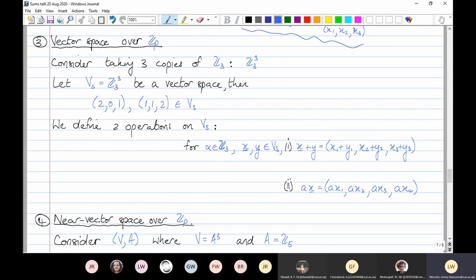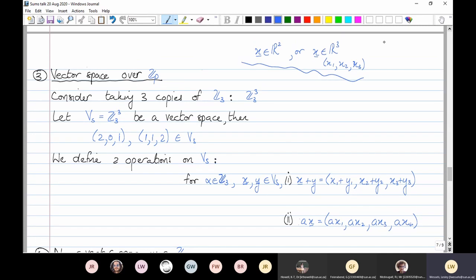So just to define the two operations on a vector space, I have addition. If I have vectors x and y, I can add them, and that's the same as adding their components.